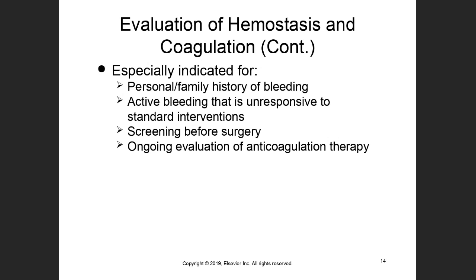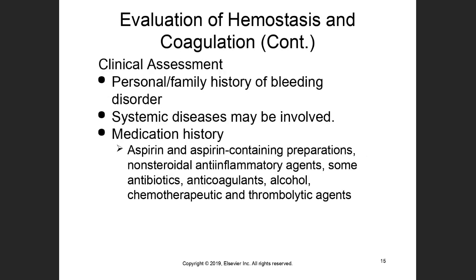Okay, indications include personal or family history of bleeding, active bleeding that is not responding to a standard intervention, screening before surgery, and ongoing evaluation. Clinical assessment: personal and family history. You always have to ask about family history, not just for this, for any type of condition, okay?